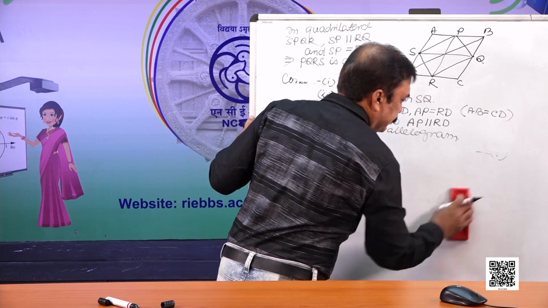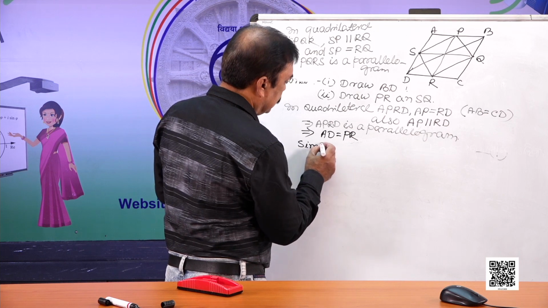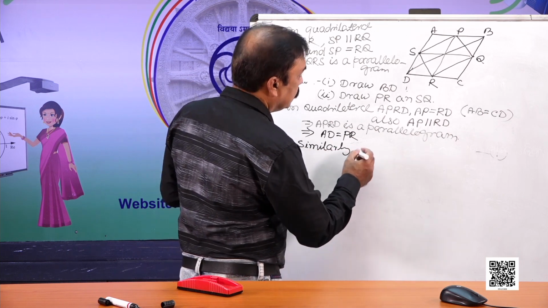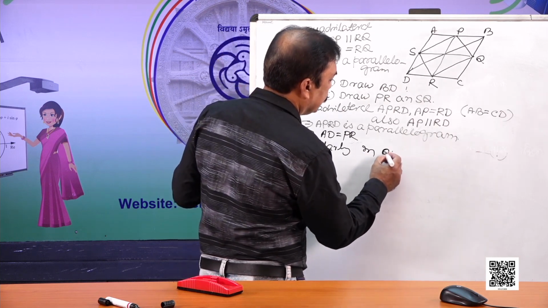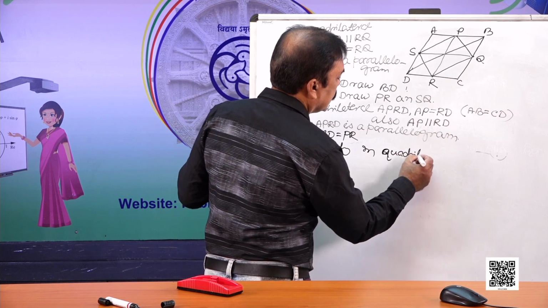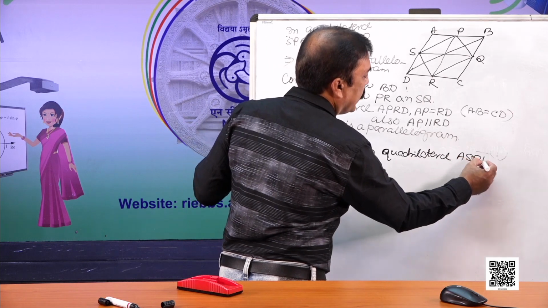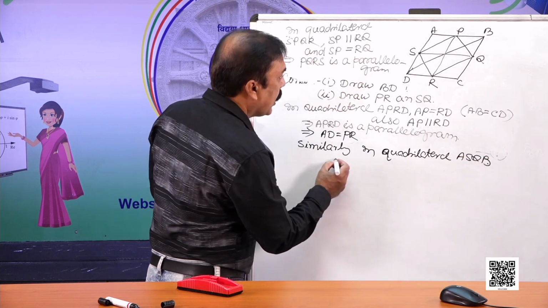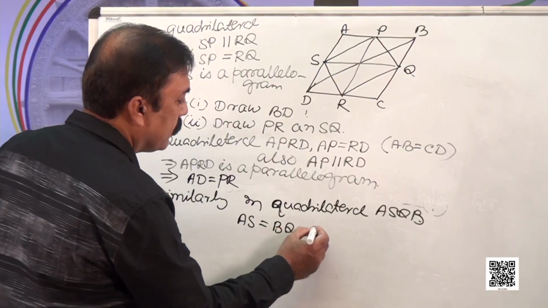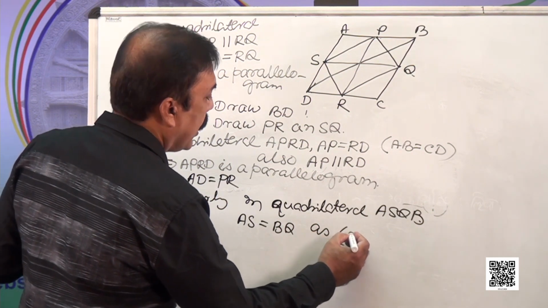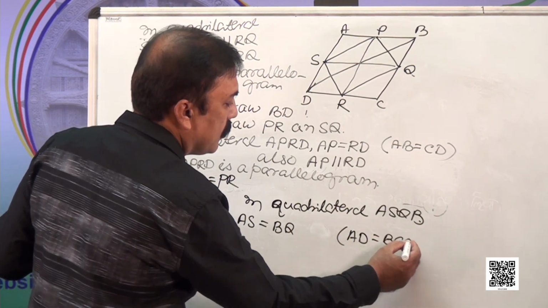Similarly, in quadrilateral ASQB, AS is equal to BQ as AD is equal to BC.